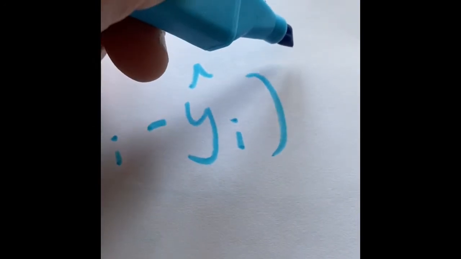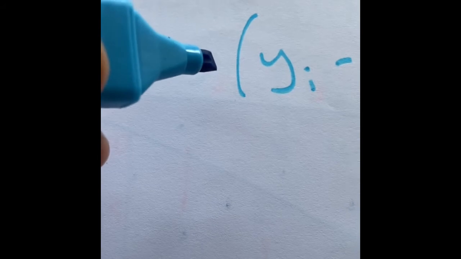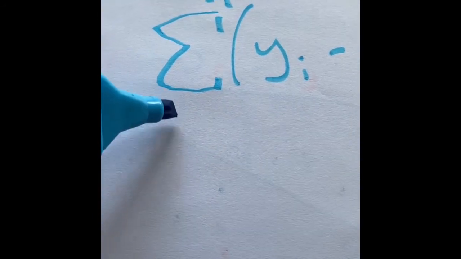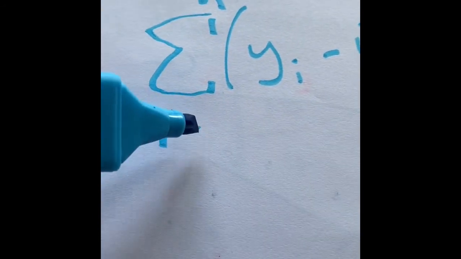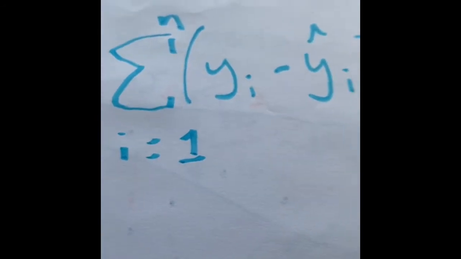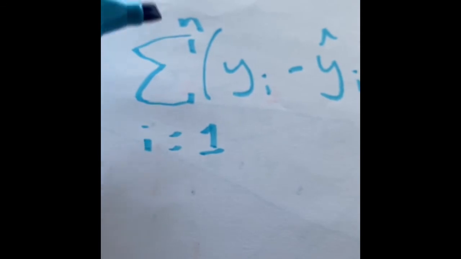Now we need to get rid of any negative signs, so we square the values, and by squaring the values we'll get rid of negative signs. And then what we want to do with those is, once we've got them, we want to add them all up, and the way we represent that idea is with the capital sigma, and then we have these other two little bits added to that.